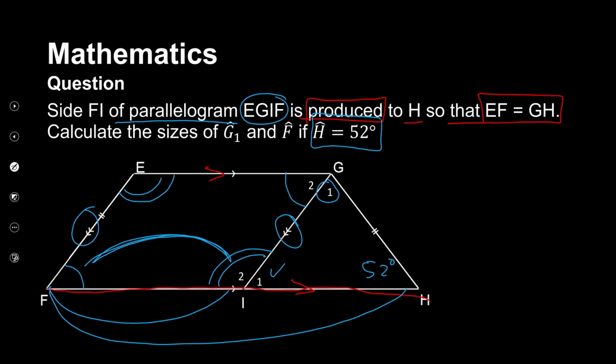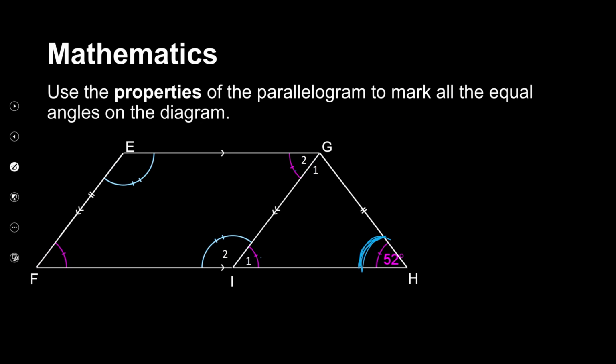If you go back to our statement, EF is equal to GH. So GH there is equal to EF, which therefore makes GH also equal to GI, because GI and EF are equal in a parallelogram. You see, that's how they overlap with one another, and that's how we're going to use it.